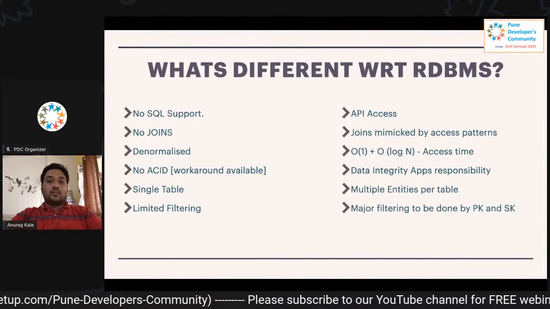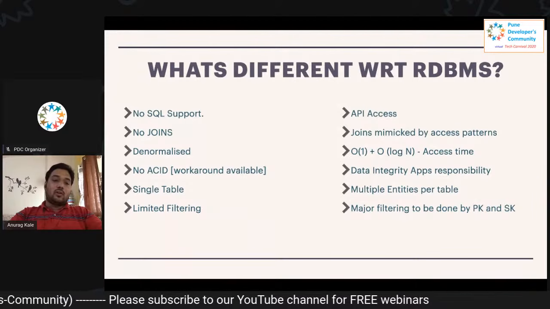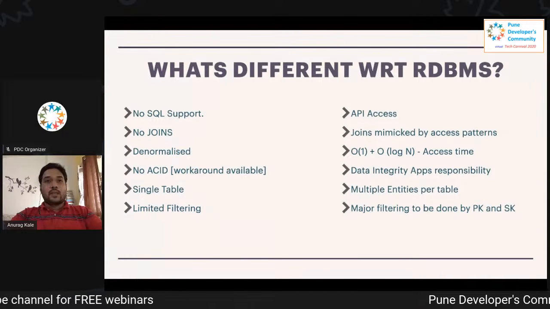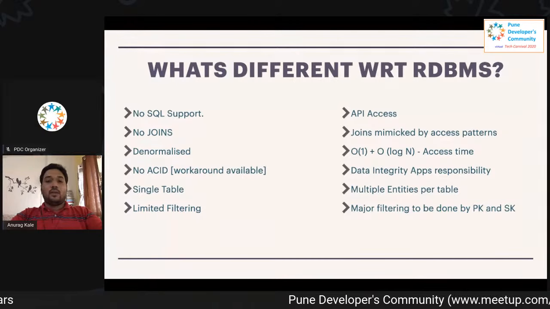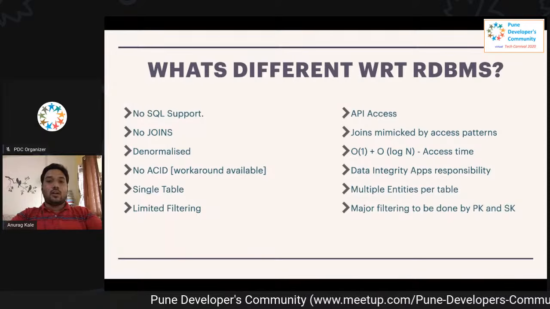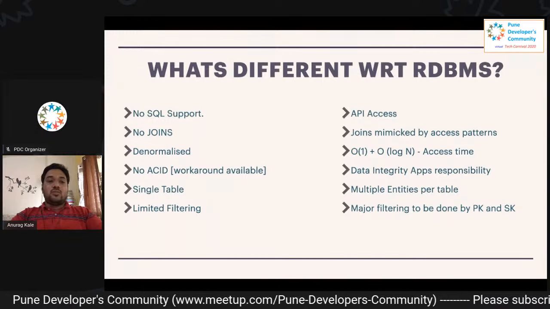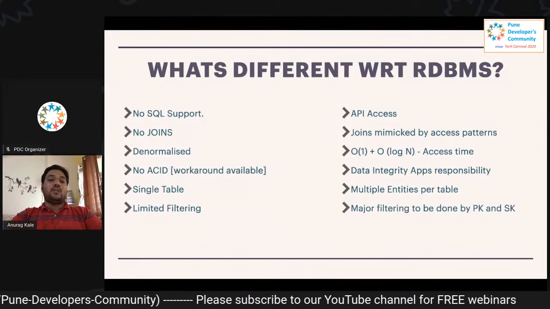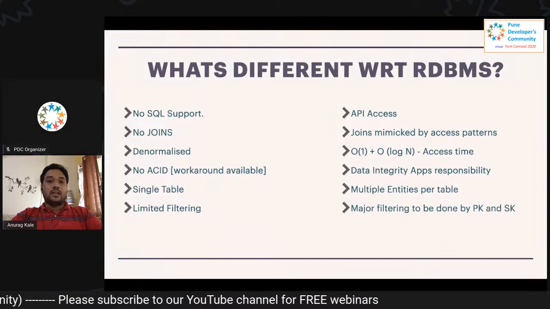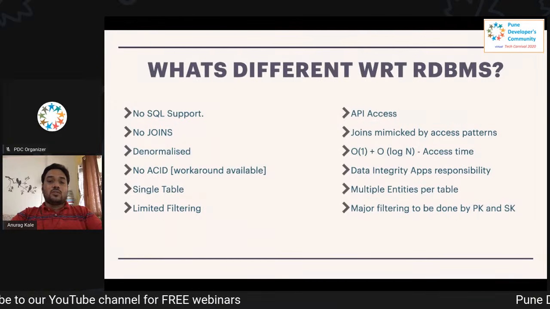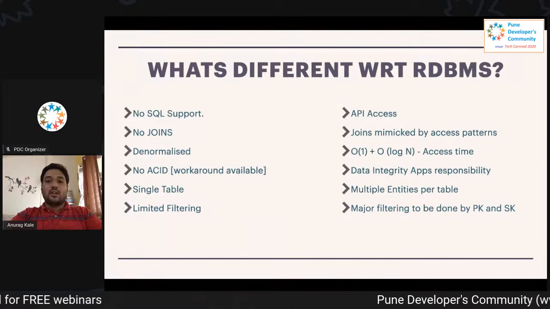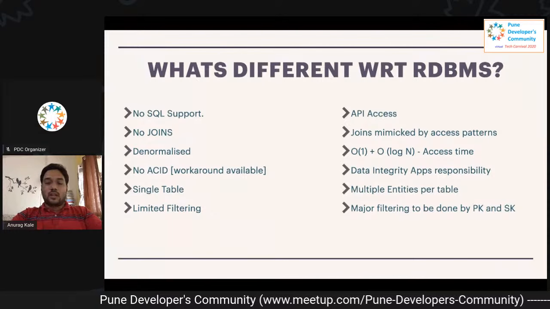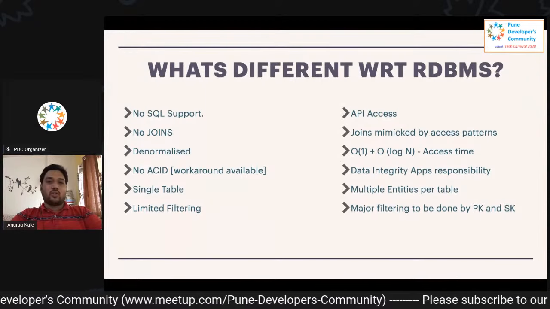Also, a NoSQL database implies that you do not have joins. So when you are implementing a NoSQL database or a DynamoDB database, you must denormalize as much as possible. The reason being that in the 1970s, when relational databases were invented, there were two biggest problems: data consistency and storage cost.